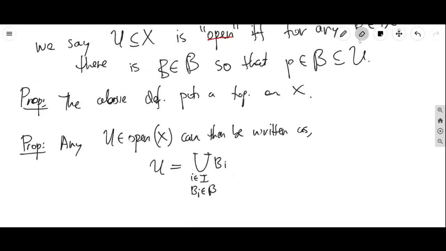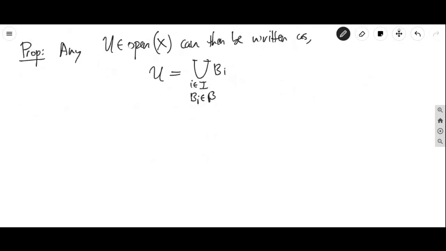So every open set can be written as a union of these basis elements. For example, in a topological space, if you have an open set, you can write it as a union. Now, they might overlap, that's okay, and you might have to use an infinite number of these disks, but the point is, if you use enough of them or use an infinite number, you can write any open set as a union of those. So these are just some simple facts about bases in a topological space.